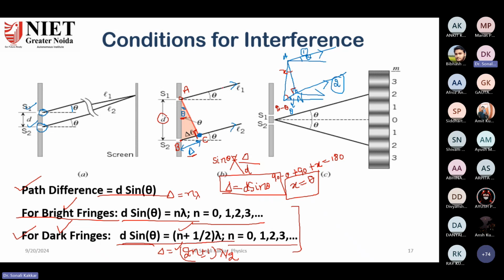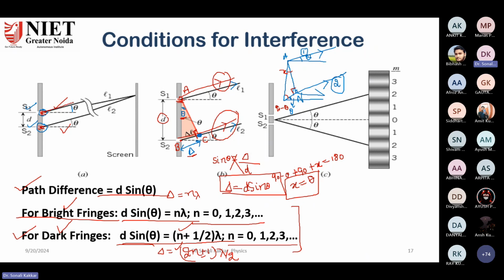So why are we only considering two rays? Similarly, we've considered all the points of the slit, like I explained to you previously. Each point will give rise to a ray, and these rays will be considered for superposition. Just like we have considered the rays coming from the center of the slits, we can consider the rays coming from different points of the slits S1 and S2.